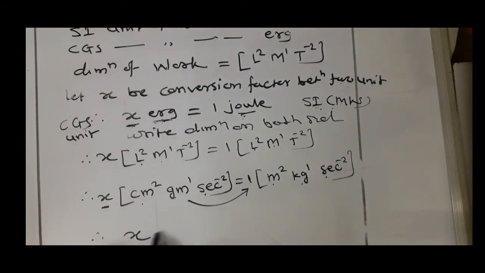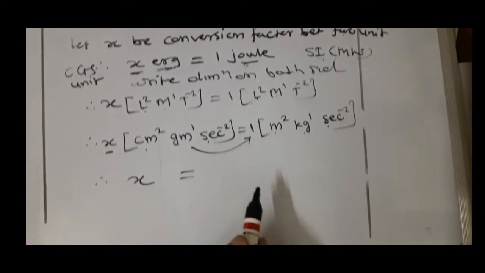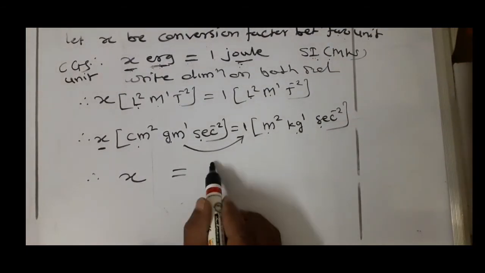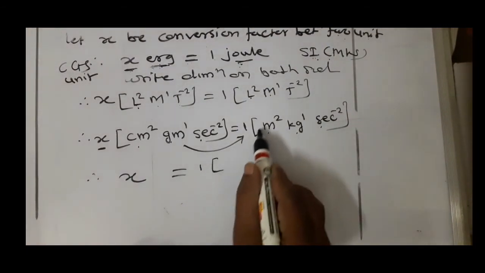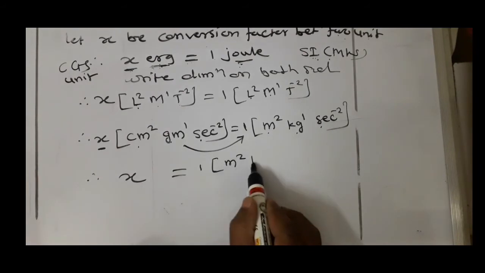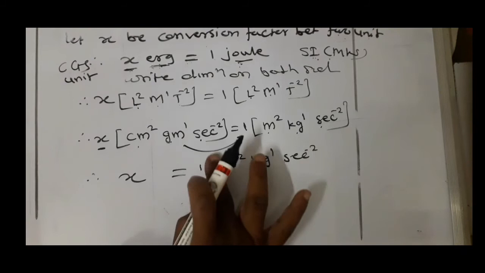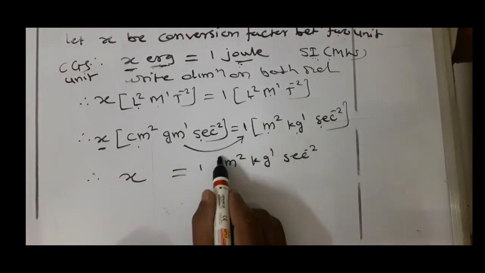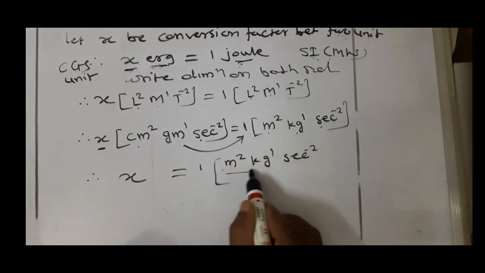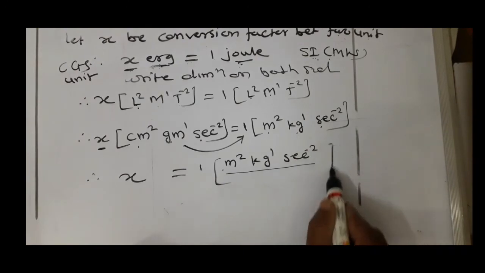Therefore, we have to find out X. X is equal to 1 as it is, then meter raised to 2, kilogram raised to 1, and second raised to minus 2, in one bracket.